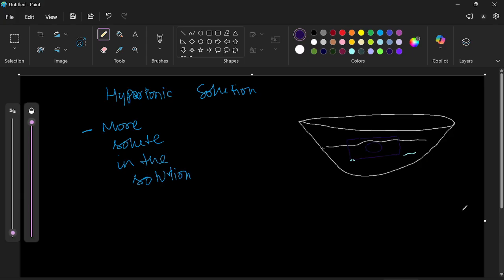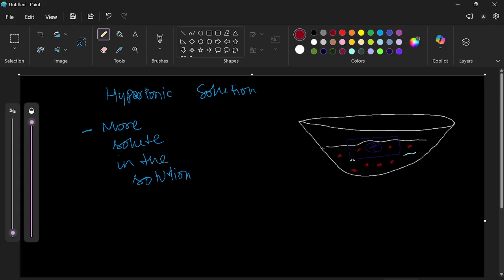This is the nucleus, this is the DNA. So what will happen? This is one of the most important points. This cell has a lower amount of solute than the outside, but the solution has a greater amount of solute relative to the cell.